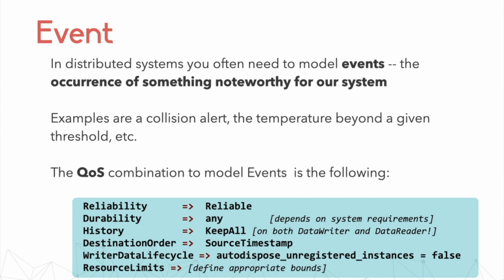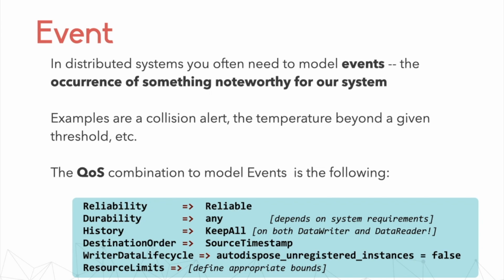How do you represent events? Well, again, an event in a distributed system represents the occurrence of something noteworthy for our system, a collision alert, a temperature beyond a given threshold. So the QoS combination that you have to set for events are, again, reliability, durability, history, destination order, writer data lifecycle, and resource limits. What you want to have is reliable reliability.